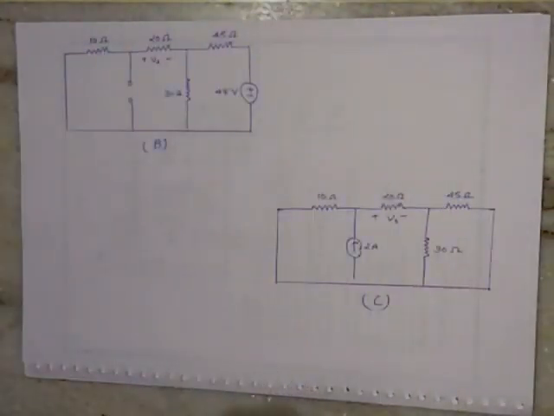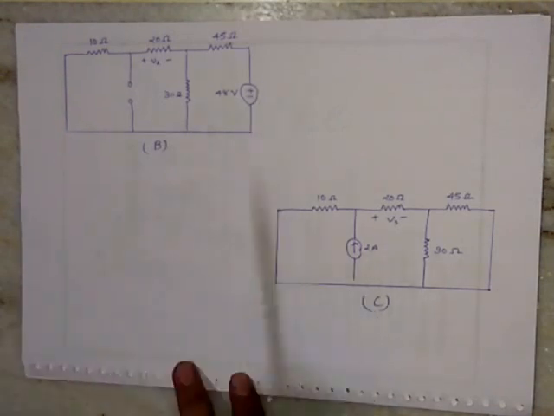Now we will consider another ideal independent source, that is 48 volt.